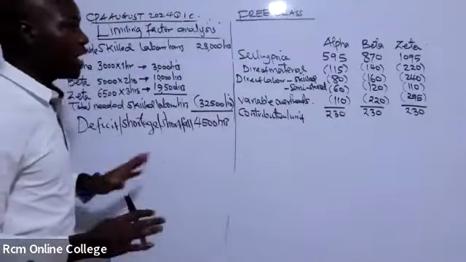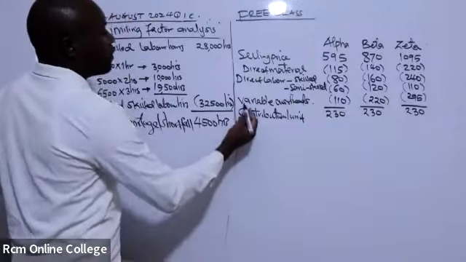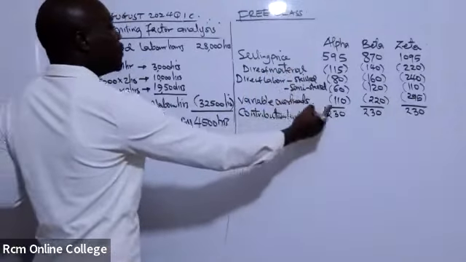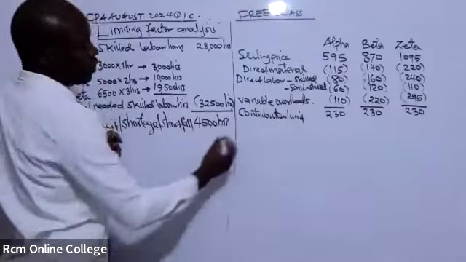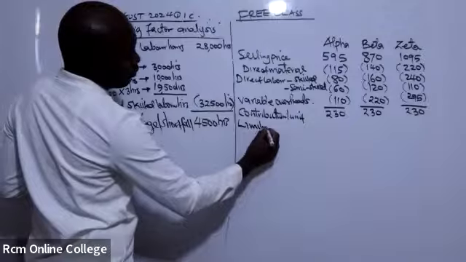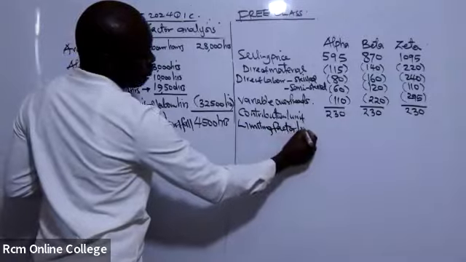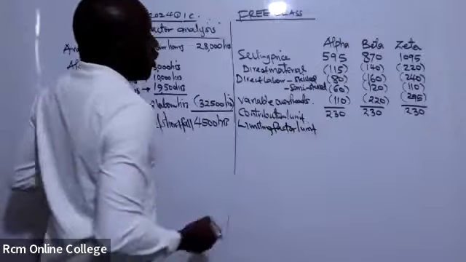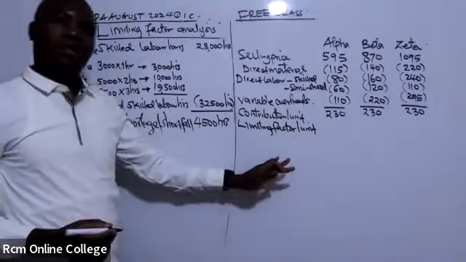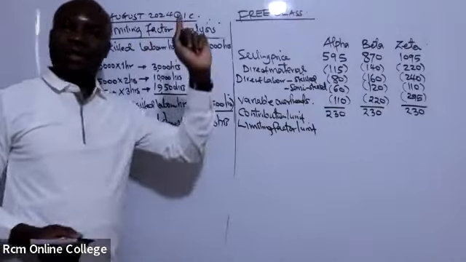First of all, we'll come here and say, can we get the units of limiting factor to be used in each product? So, limiting factor per unit. Already we know that limiting factor is skilled labor hours.